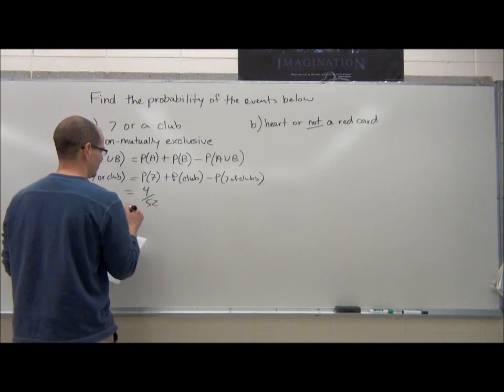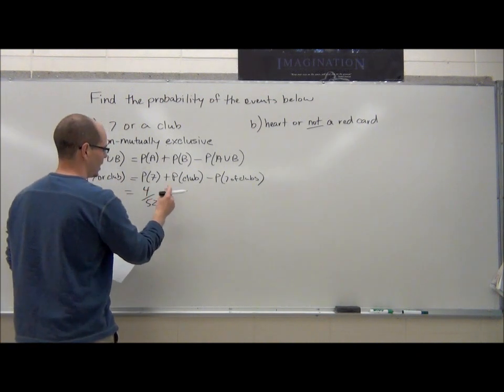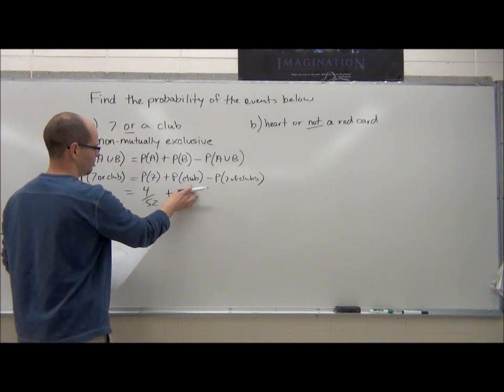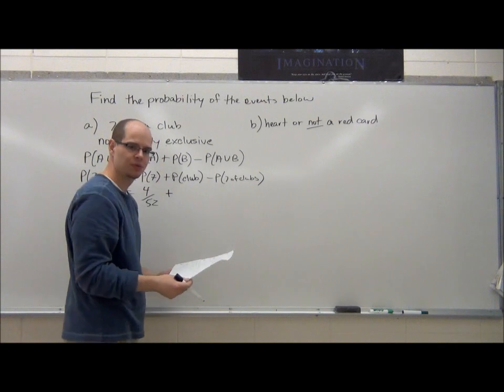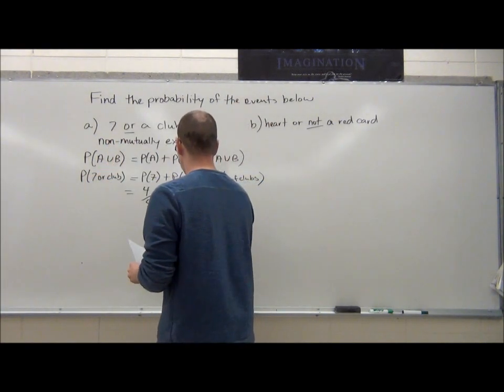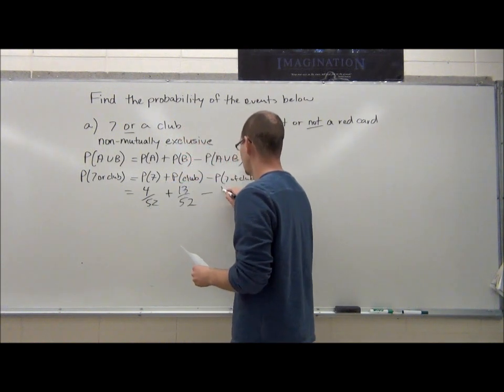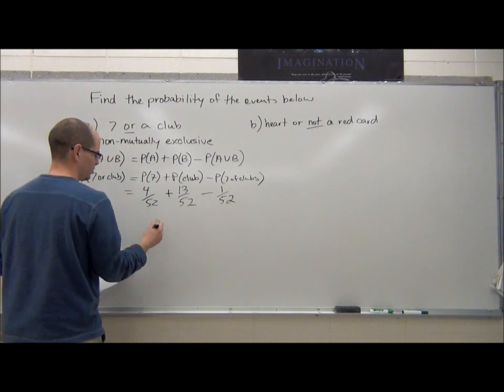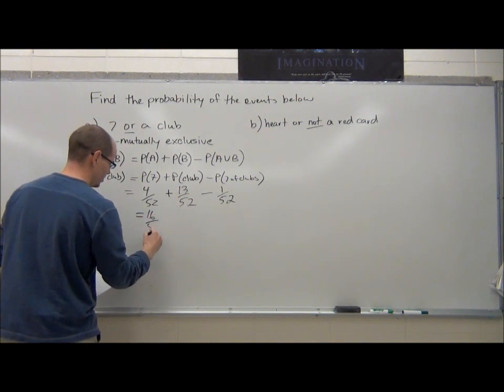There's 4 7s in a 52 card deck. And I'm going to add that, since "or" always hints at adding. The probability of getting a club is one of the 4 suits, so it's 13 out of 52 cards. We've got to subtract out that one card that's the 7 of clubs. 4 plus 13 is 17, minus 1 is 16. So this one's 16 out of 52.